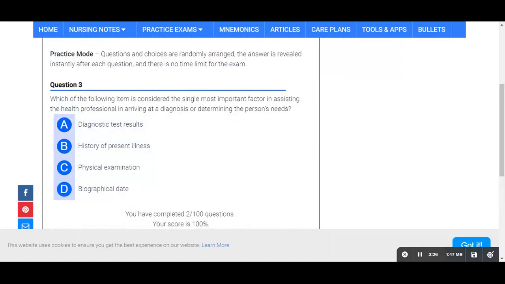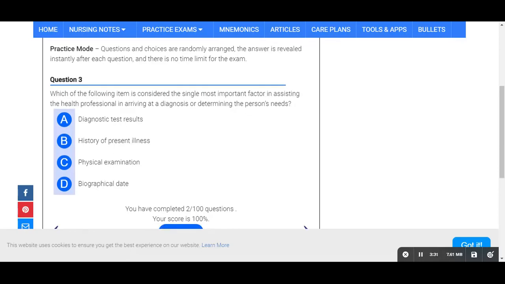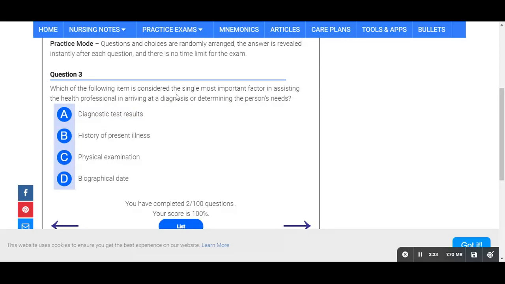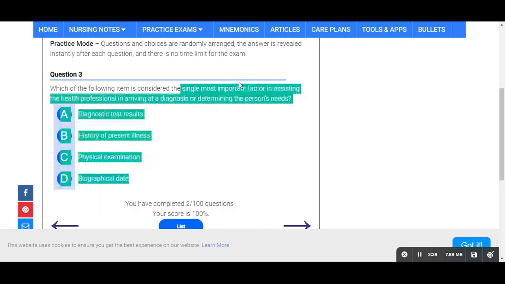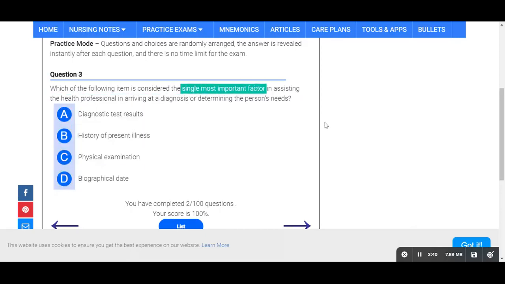Which of the following item is considered the single most important factor in assisting the health professional in arriving at a diagnosis or determining the person's need? Okay, take note, we're talking about the single most important factor in assisting the health professional. Okay, so we have diagnostic test results, history of present illness, physical exam, biographical data. We're talking about the single most important factor, so we have to weigh in everything.